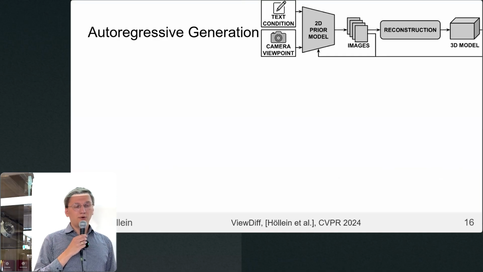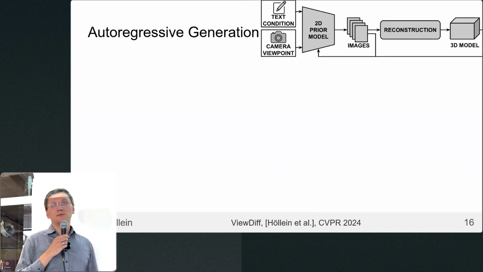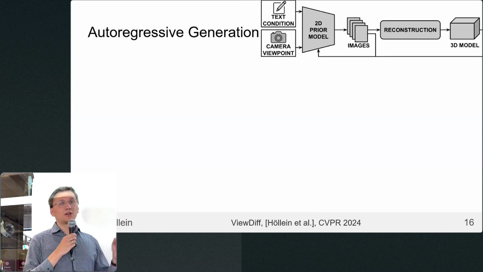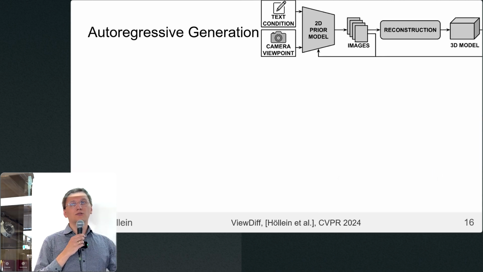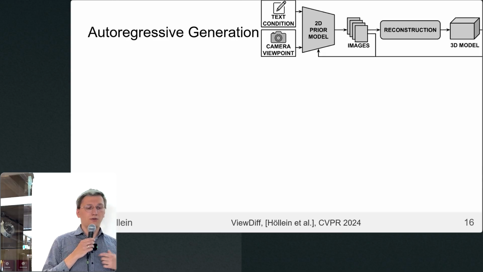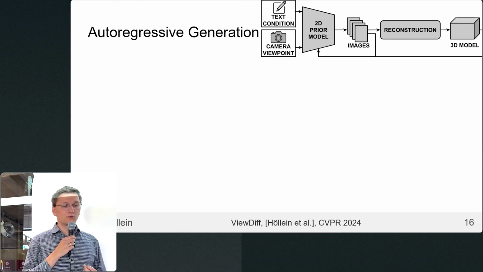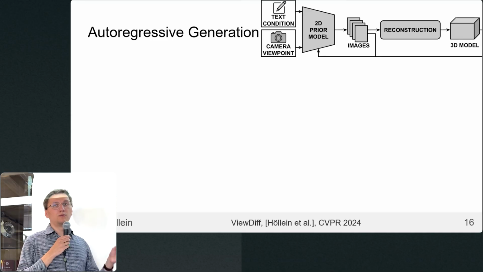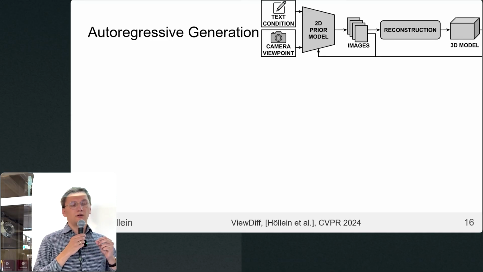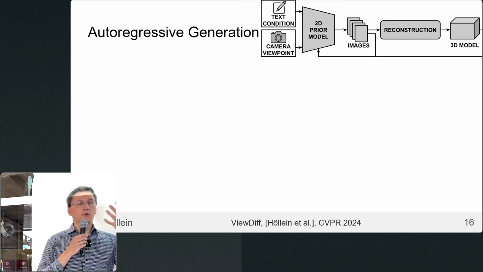This means that if we have such a model, we can generate multiple images at the same time, and then we can just reconstruct these images into a 3D model by 3D reconstruction, like NeRF or Gaussian splatting or whatever is fancy these days. And then we can render this model from a novel perspective and condition the 2D model on those renderings to generate new views from more perspectives.